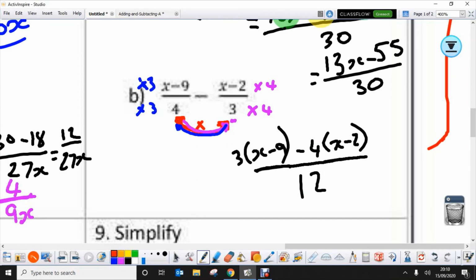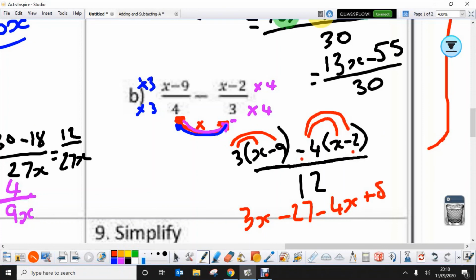If we expand the top of the fraction, 3 times x gives me 3x. 3 times negative 9 gives me negative 27. Minus 4 times x gives me minus 4x. And minus 4 times minus 2, 2 minuses, is going to give me positive 8.